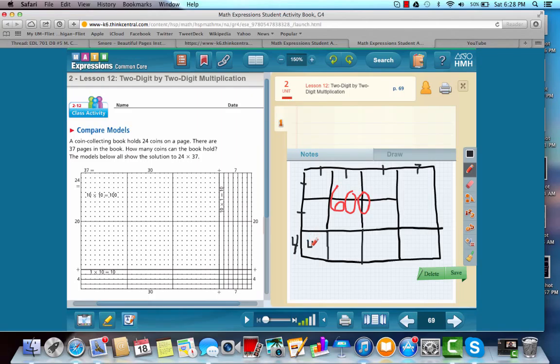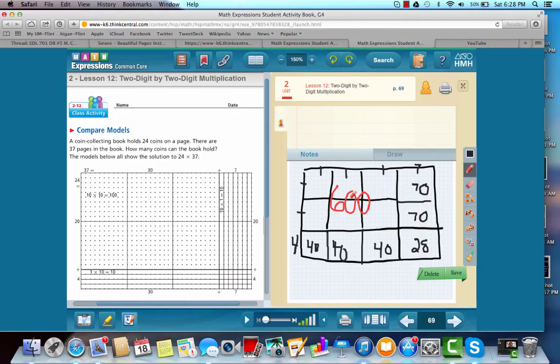So this ends up becoming 40. This ends up becoming 40, and this ends up becoming 40. And then each of these are going to be 7 times 10. So you have 70 here, and you have 70 here. And then when you multiply the ones place values, you should end up with 28 here.